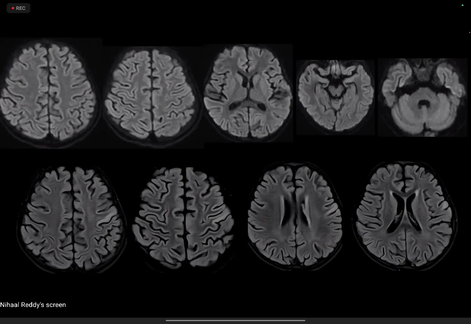So this child had a previous scan in November. This is a scan done, I think, a couple of weeks back. I have diffusion sequence on top. Cannot appreciate any signal changes on the diffusion sequences. Coming down on the FLAIR, there is overall reduction in the brain volume. But if you see the perirolandic region, especially the precentral gyrus over here, has this clear hyperintensity in the cortical regions with some extension in the subcortical area.